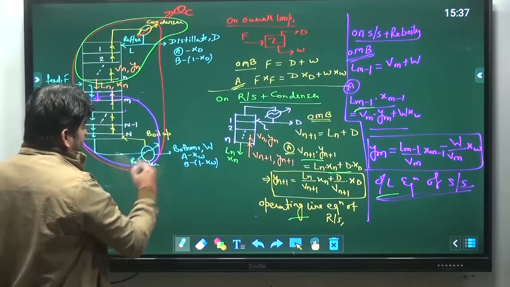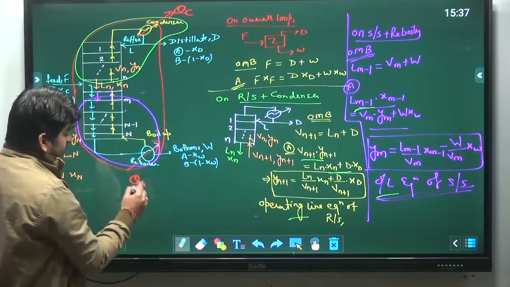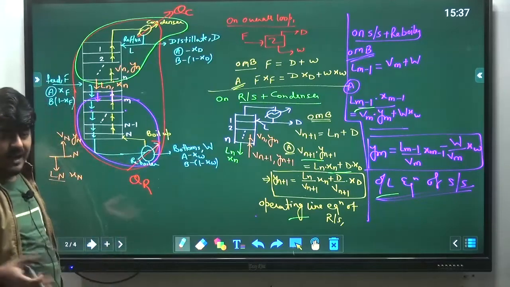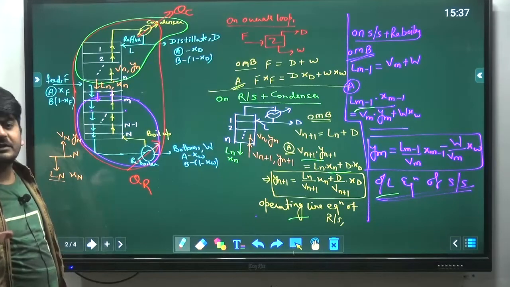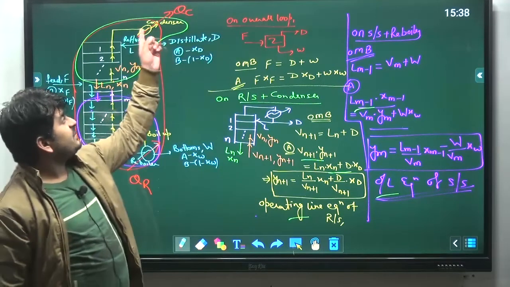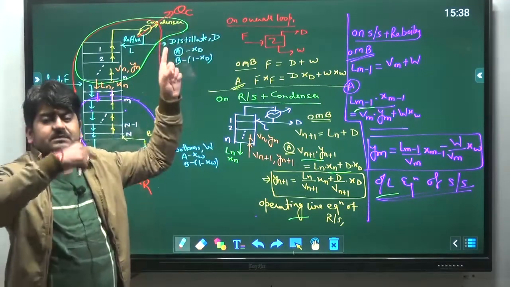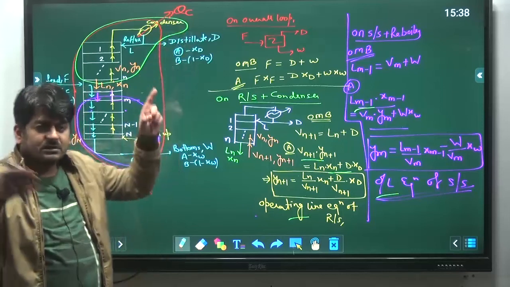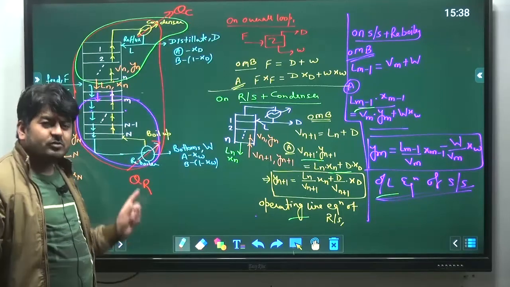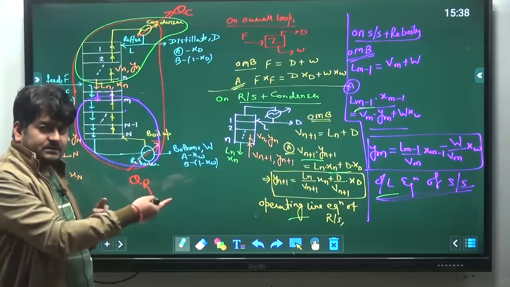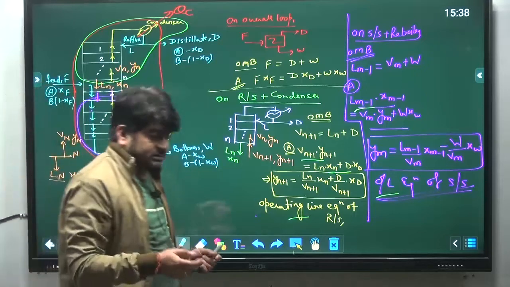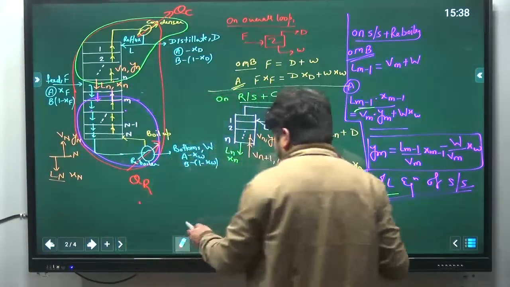Some energy is involved in the reboiler, let's say QR. In the condenser, QC amount of heat is leaving, and in the reboiler, QR amount of heat is going in. I hope you already know that.